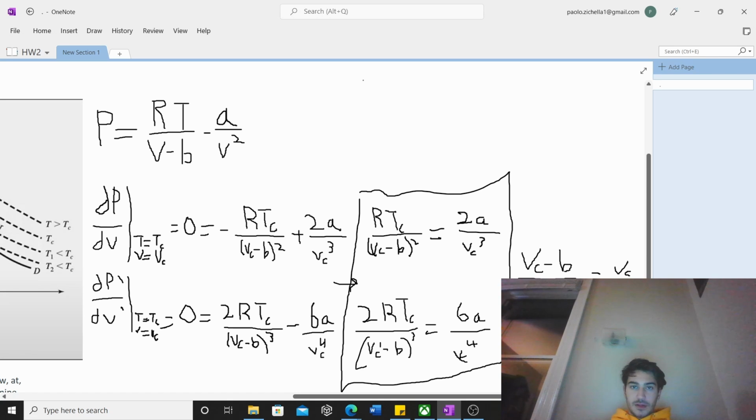If we plug it in, we'll have R times the specific temperature at the critical point, all over, well, b is now Vc over 3, so we have Vc minus Vc over 3, which is simply 2/3 of the specific volume at the critical point. That's our new denominator, squared. This is, again, all equal to 2a over the specific volume at the critical point cubed.